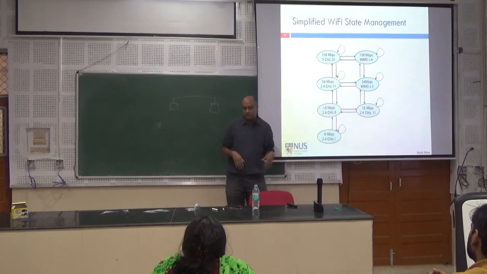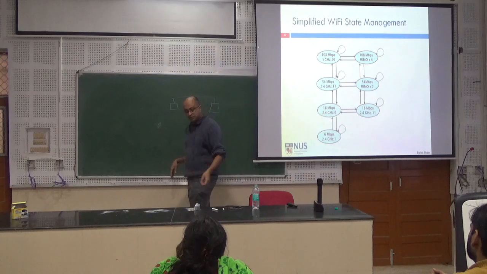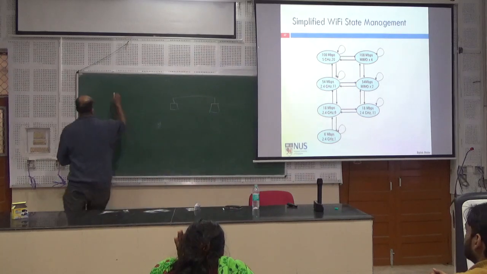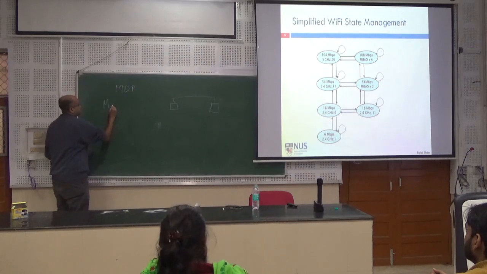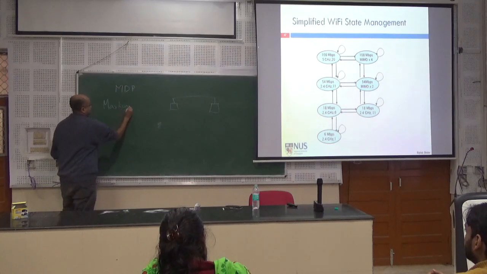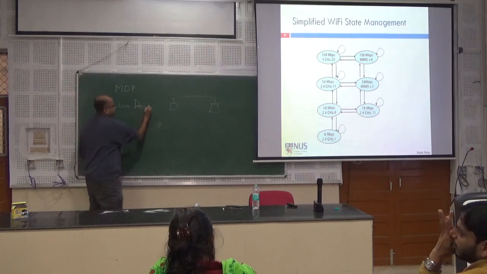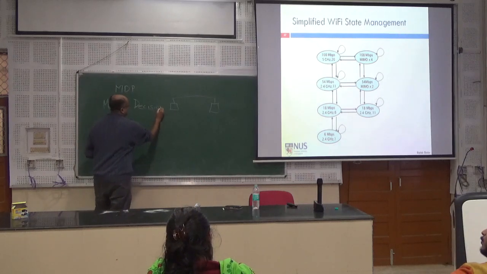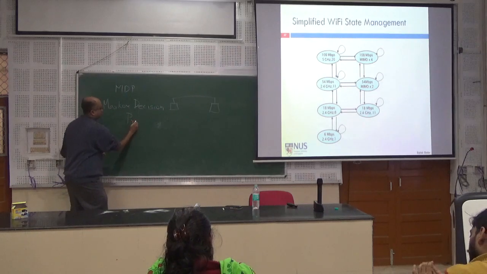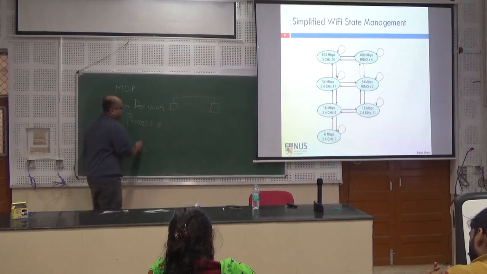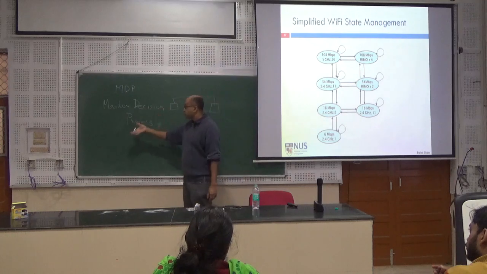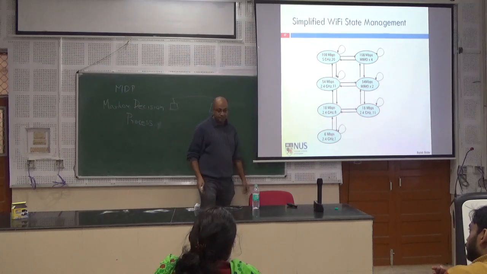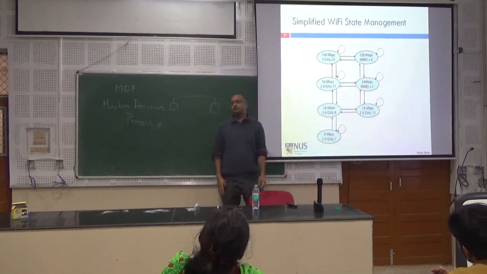So in a situation like this, one of the common things that we use is something called an MDP, or a Markov decision process. In this case, the first thing you have to figure out is how many states there are.